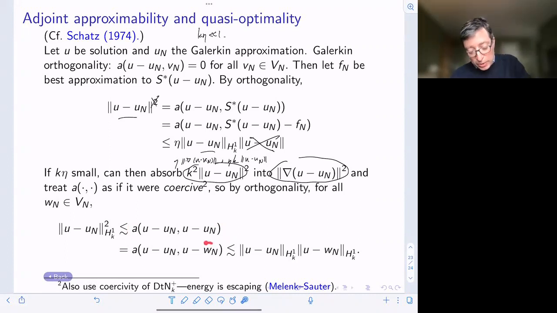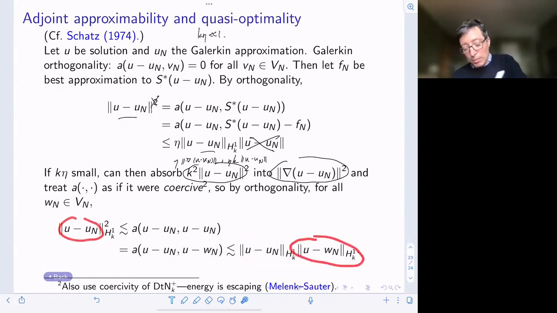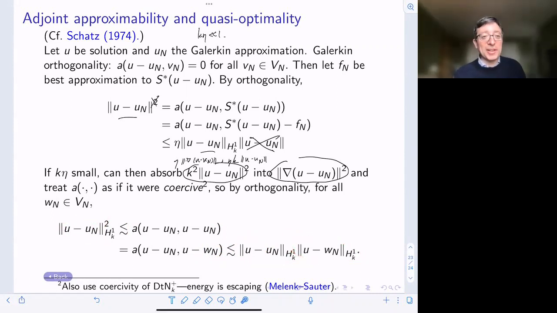On the other hand, by Galerkin orthogonality, I can swap UN for WN, anything else in my Galerkin subspace, and now I can estimate this pairing this way. If I divide both sides by U minus UN, I've now shown that U minus UN is within a multiple of U minus WN for any WN in my Galerkin subspace, and I win.